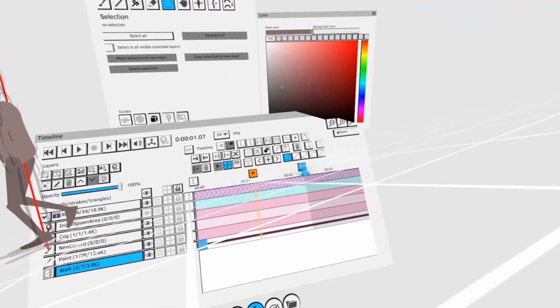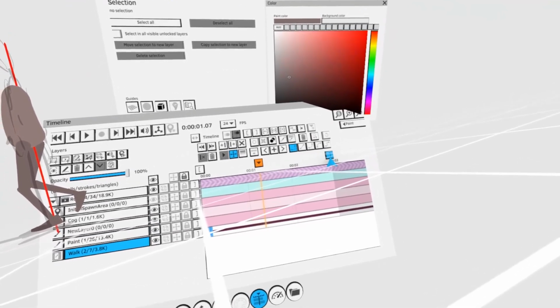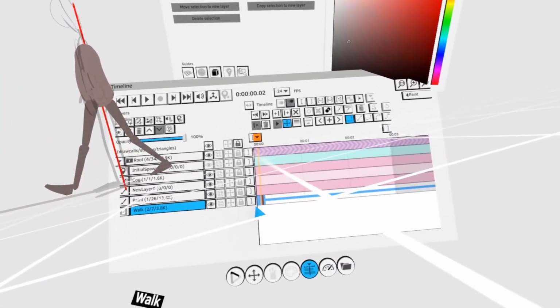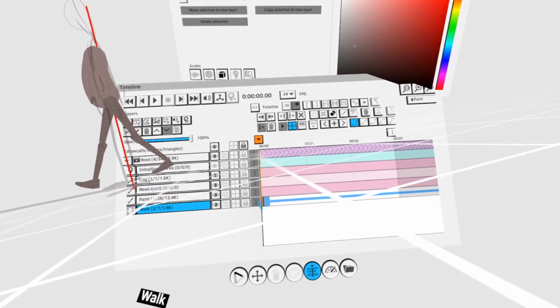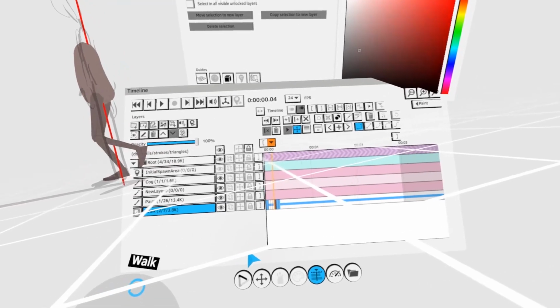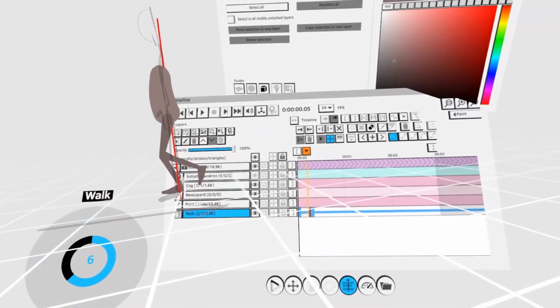But again, every character has their pace, and every character is gonna have their rhythm. So technically, one step is gonna last for 12 frames. So this one we're gonna keep in frame number 6 on the passing position.